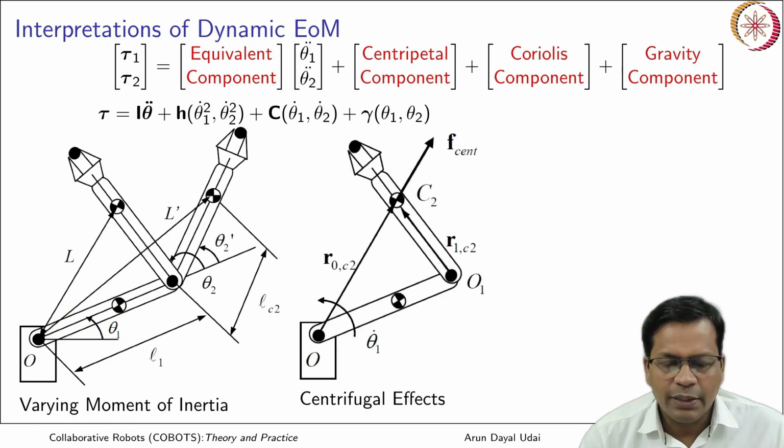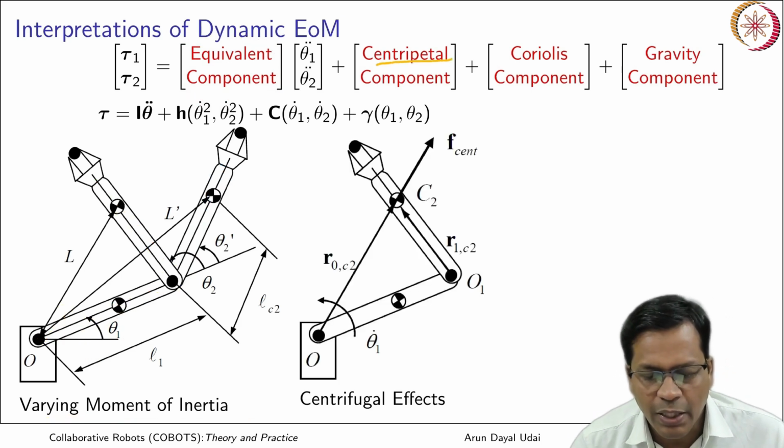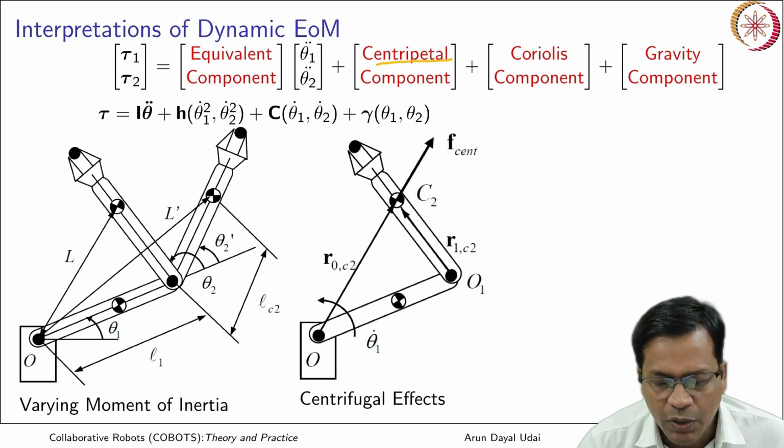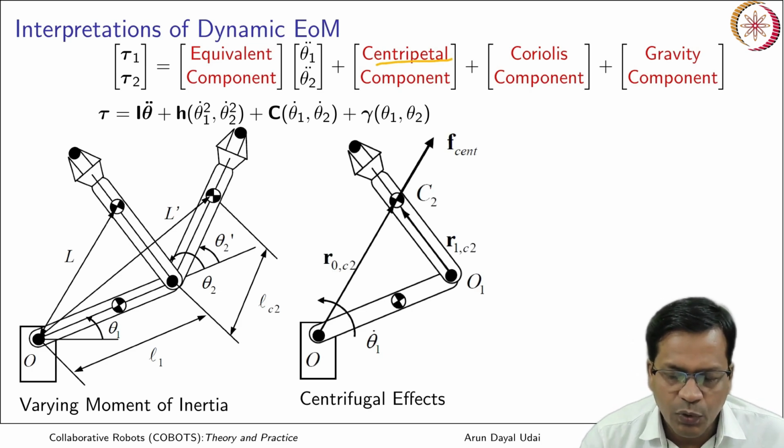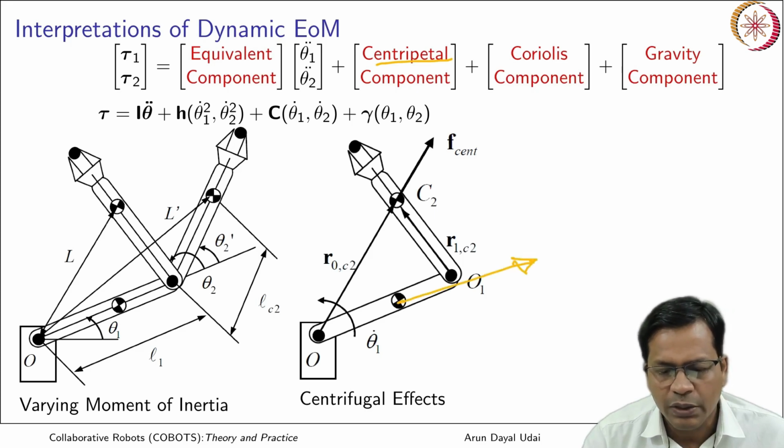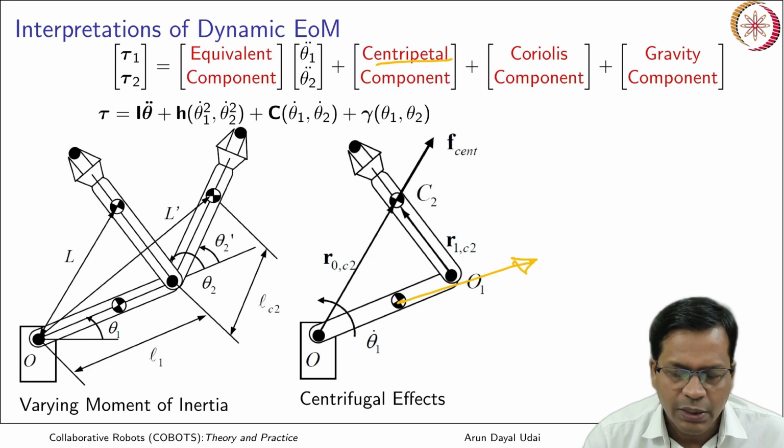Now the second term is the centripetal term. Again, due to the change in shape, the centrifugal force because of the first CG is outward. It is very simple. Centrifugal force is outward, centripetal force is inwards. But in the second link, due to the configuration of this joint, this direction keeps on changing.